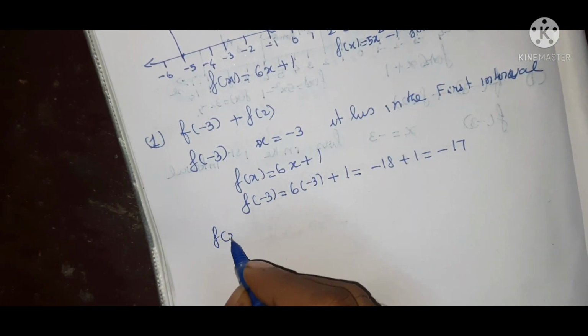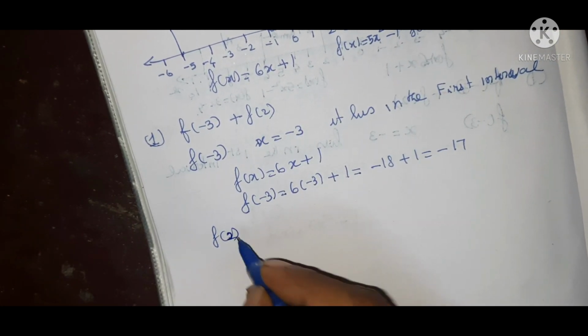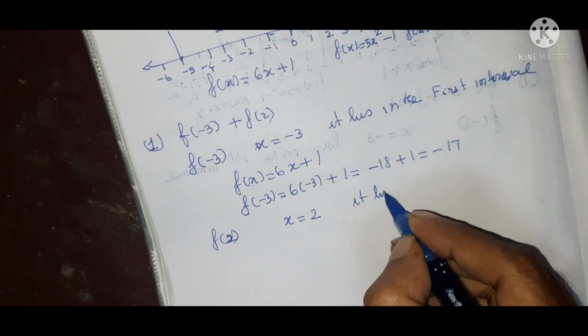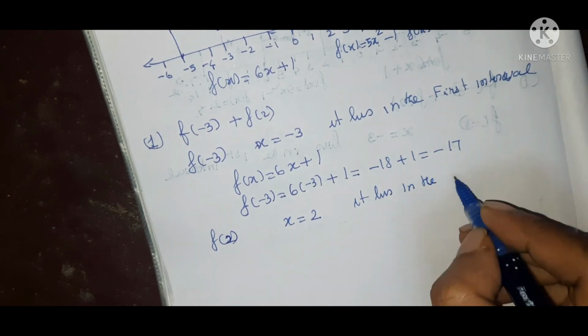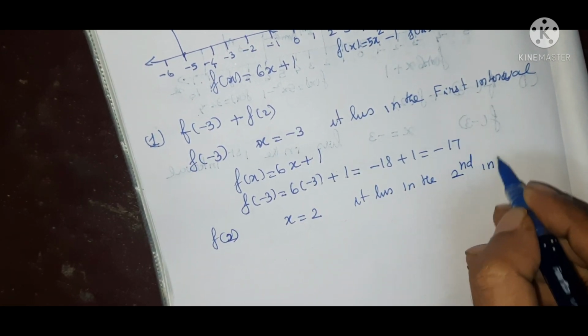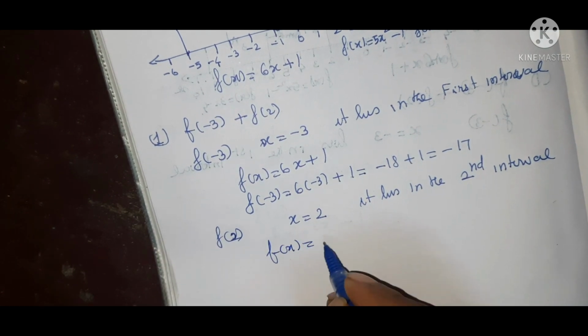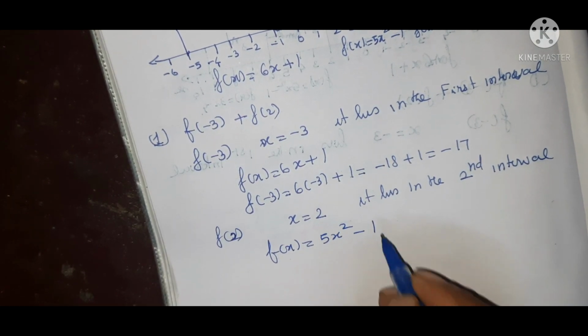Next, f of 2. F of 2, that is x is equal to 2. It lies in the second interval. Here the function is f of x is equal to 5x square minus 1.